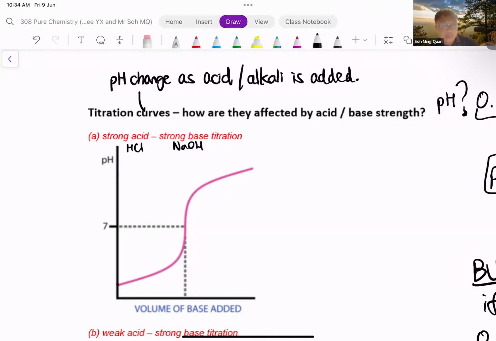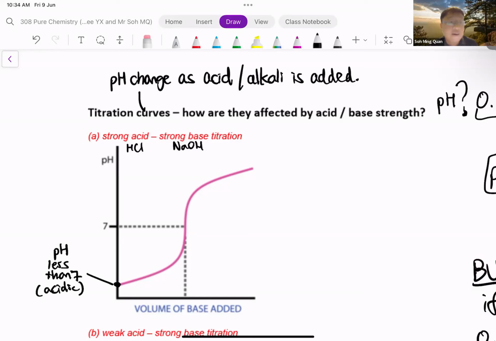At first, it's HCl, right? So HCl has a pH that's less than 7. pH less than 7 means acidic. That makes sense because at first it's HCl, it's acidic, but you're starting to add NaOH to it. As you add NaOH, the pH starts to increase little by little because the NaOH neutralizes the HCl.